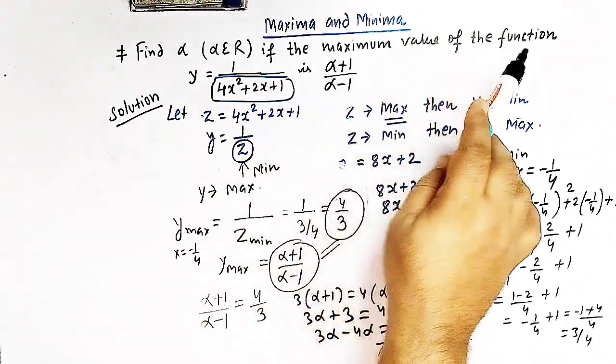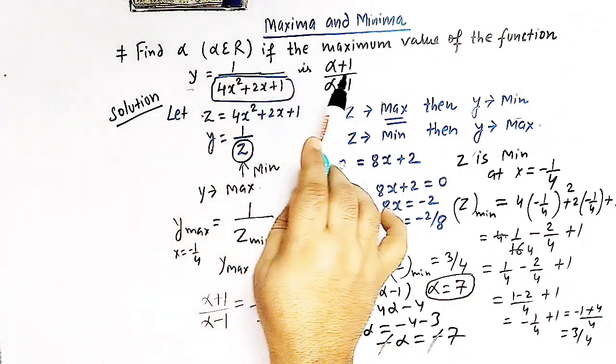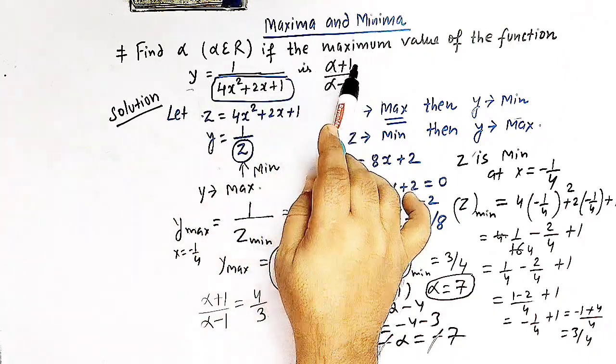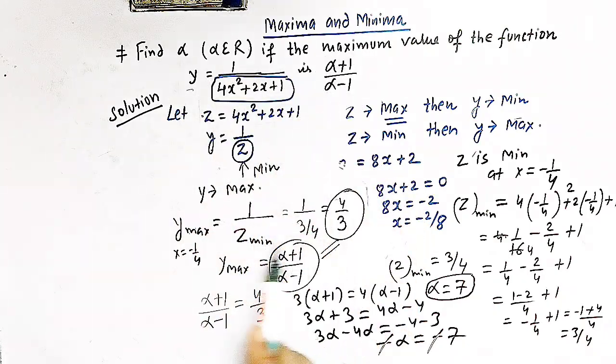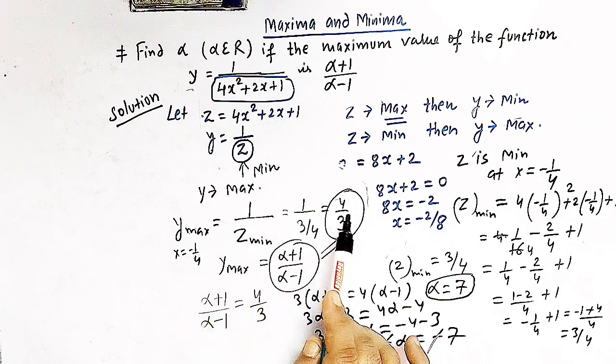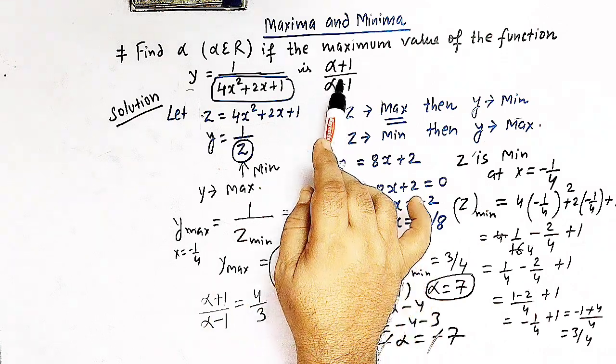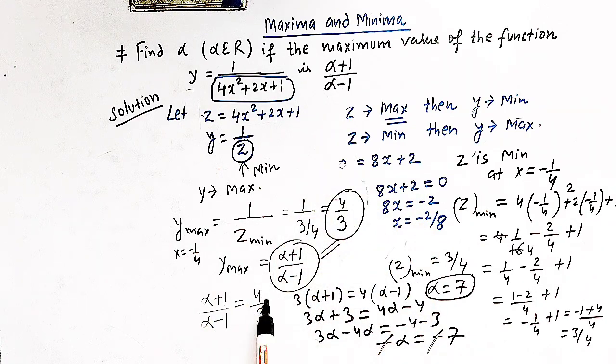So the required value of alpha is equal to 7. Here the maximum value of this function y is given as alpha plus 1 over alpha minus 1. We have obtained y maximum as 4/3. So equating these two, we solve this equation and we get alpha is equal to 7, right? So yes, this is how we can solve this problem.